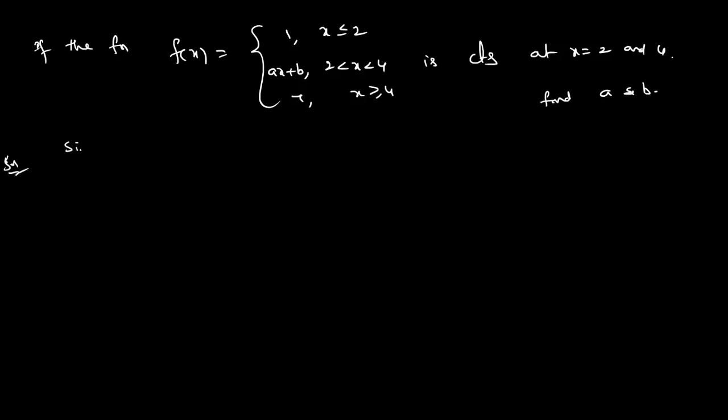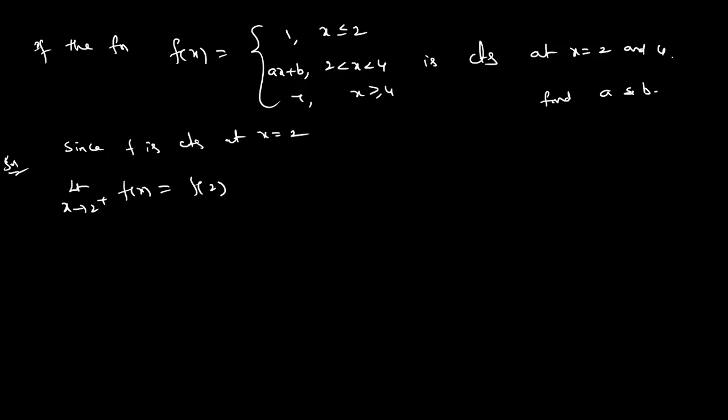First I'm writing, since f is continuous at x equal to 2, what is the meaning, dear students? The limit as x tends to 2 plus of f of x is equal to f of 2. That is the meaning. f of 2 is given.